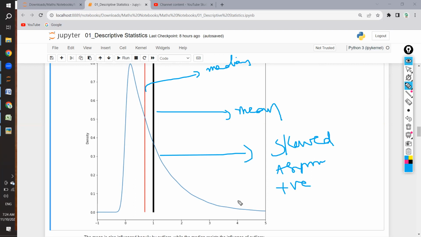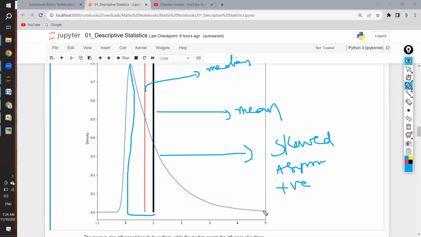Now, as you can see, in a positive skew distribution, the mean will be pulled in that direction. There is a shift of the median also, but that will be a small shift compared to the mean, which gets shifted much more. Earlier they were both over here, and from here the mean gets shifted over here.